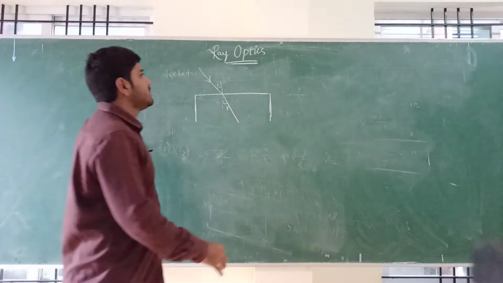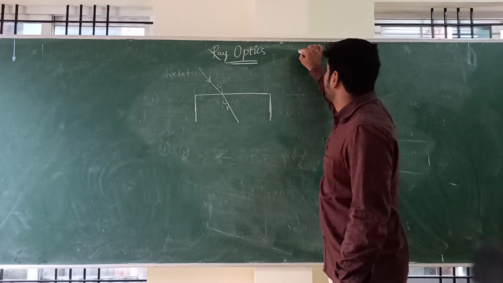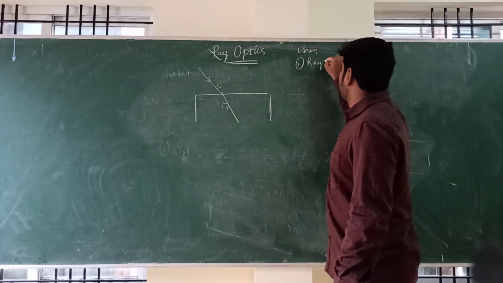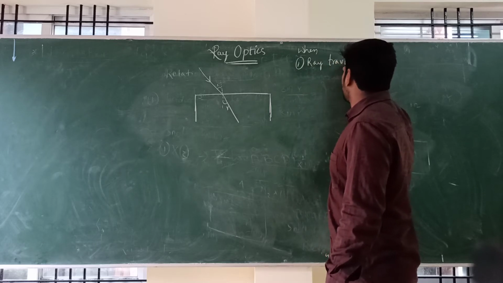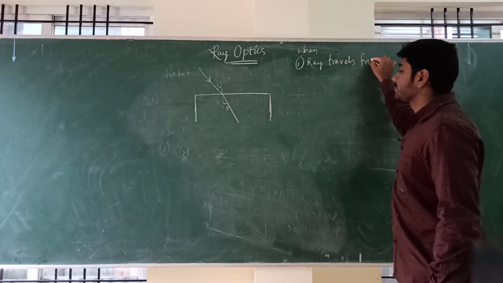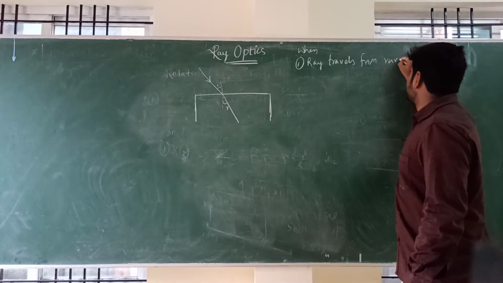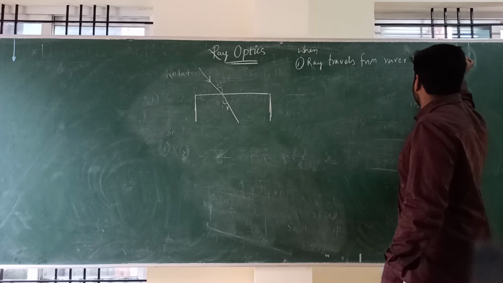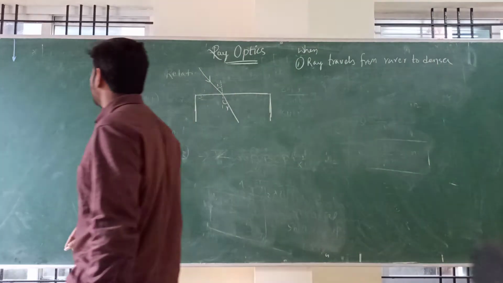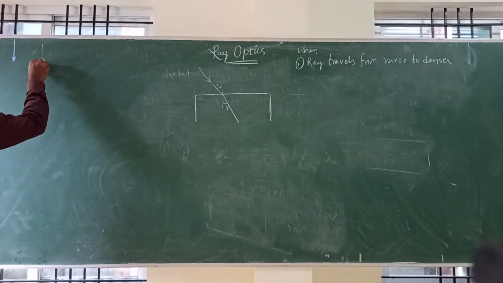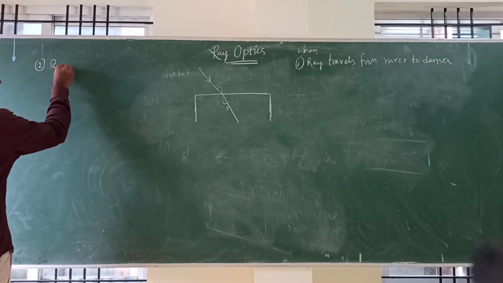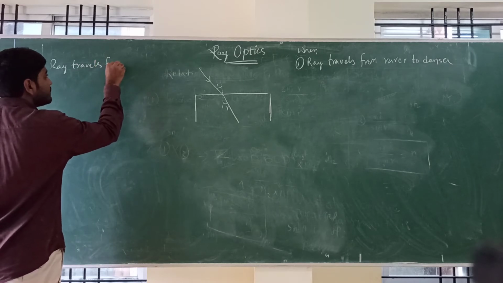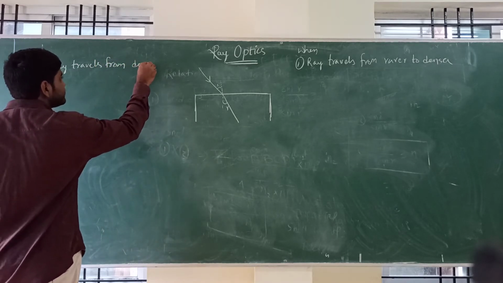So there are two cases: the first one is the ray traveling from rarer to denser, and the second case is the ray traveling from denser to rarer.